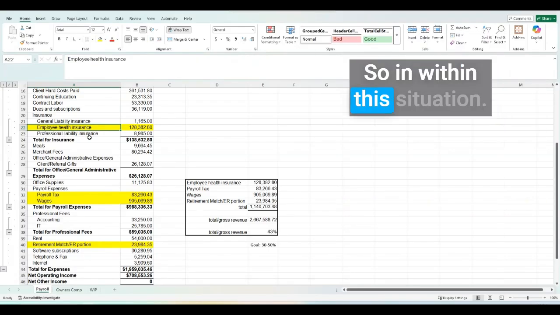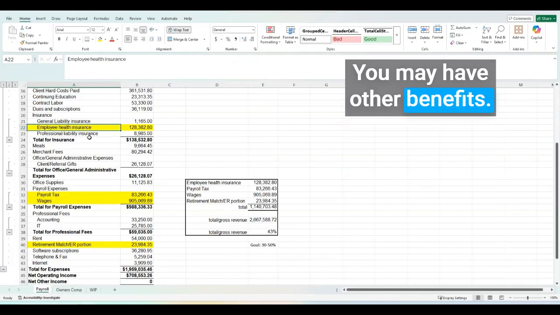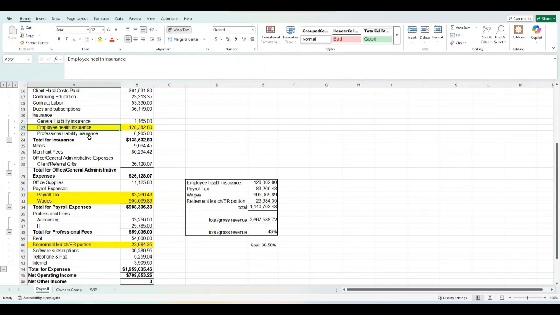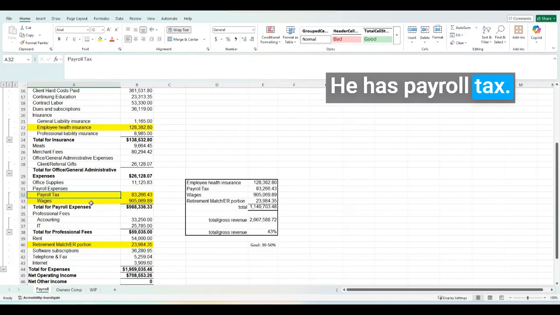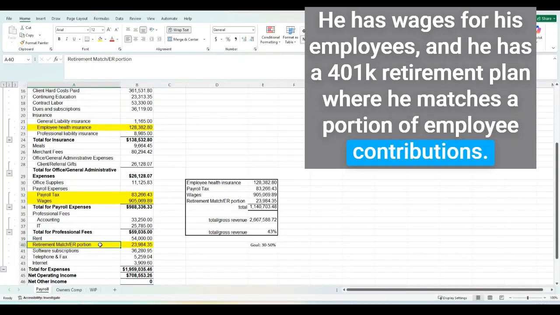Now, your firm may have something a little bit different. You may have other benefits. Saul is paying health insurance for his employees. He has payroll tax. He has wages for his employees. And he has a 401k retirement plan where he matches a portion of employee contributions.